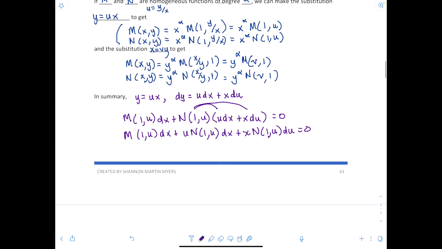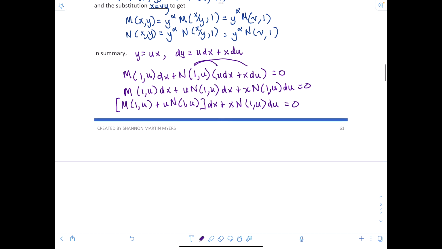Now, getting the dx's together, we're going to have M at 1 and u plus u times N at 1 and u, all of that times dx, plus x times N at 1 and u du. All of that is equal to 0.